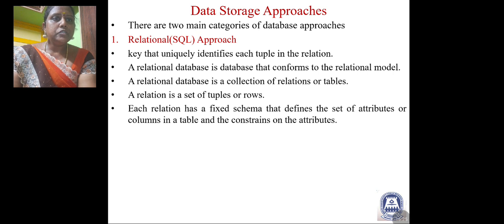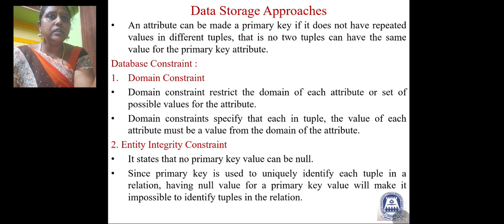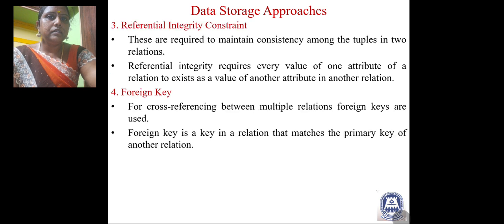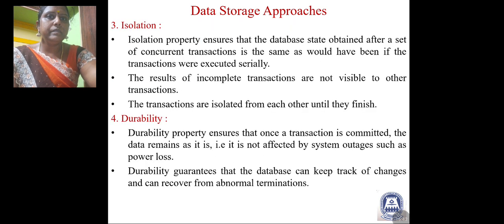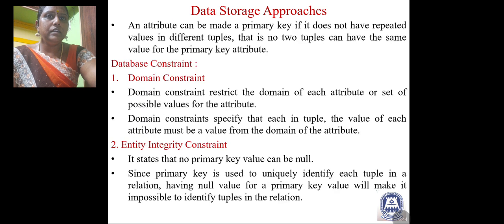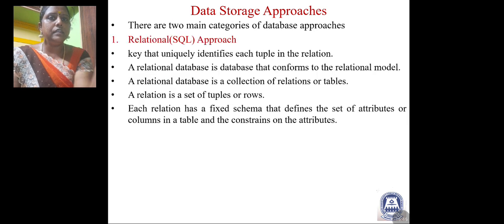Then the last topic is data storage approaches. There are two main categories of database approaches. First one is the relational approach. The second one is the non-relational database approaches.